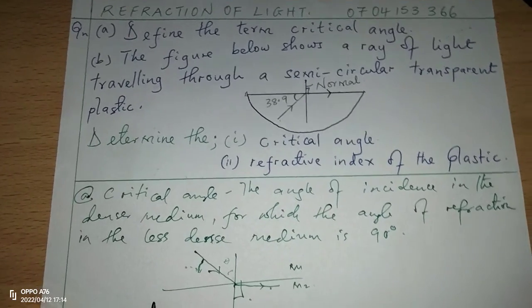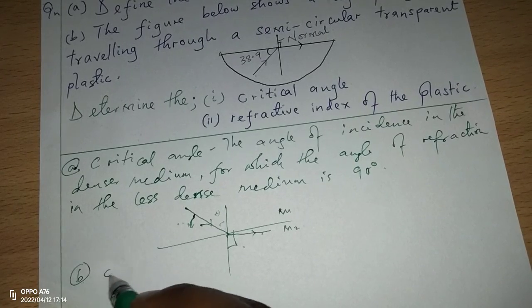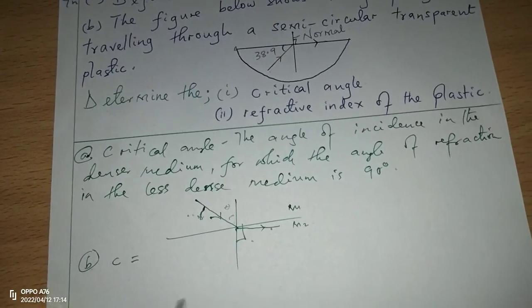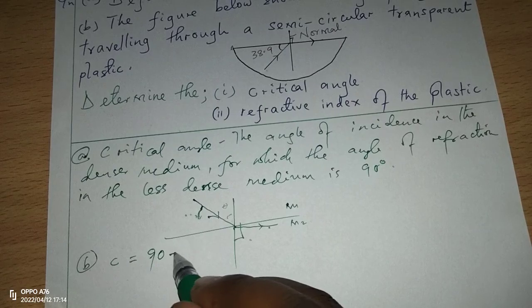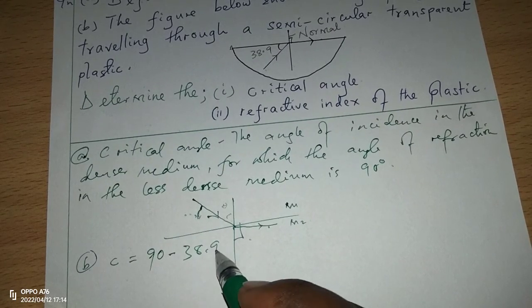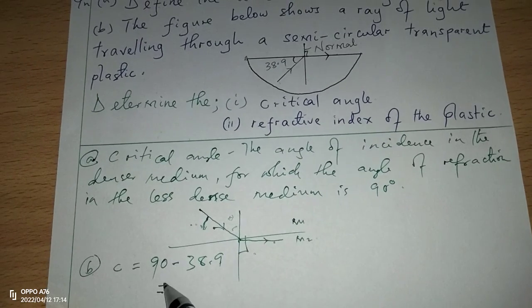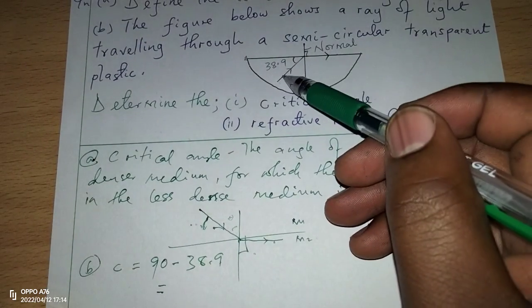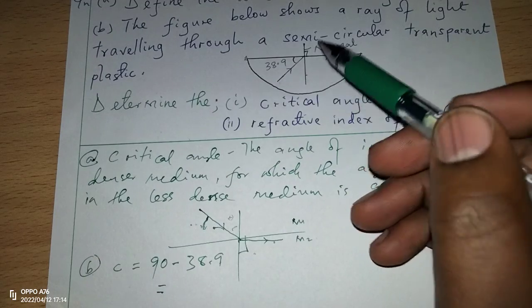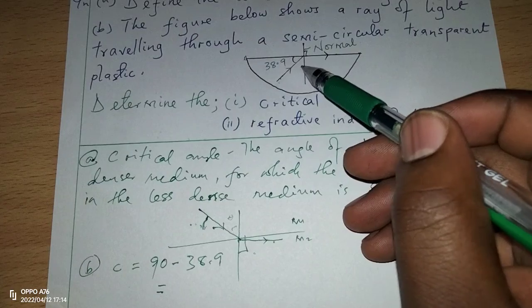Part 1, we are determining the critical angle. Remember, critical angle is abbreviated with the letter C. Therefore, critical angle is going to be 90 minus 38.9. Remember, angle of incidence has to be the angle between the incident ray and the normal, not the incident ray and the interface. Therefore, it should be this angle.